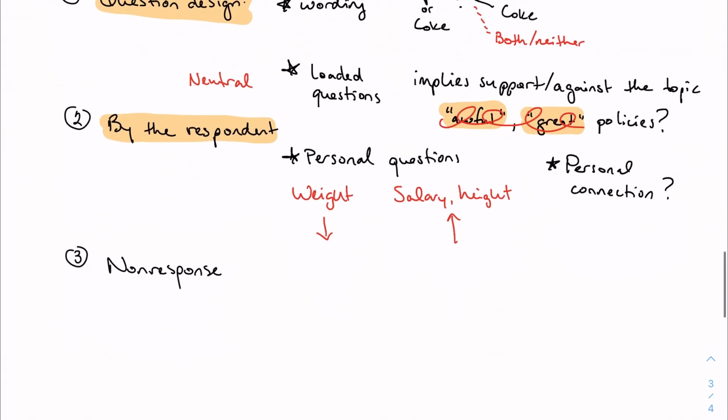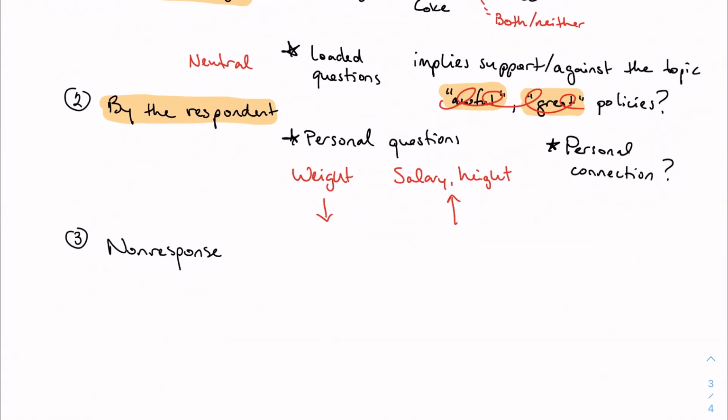The last form we're going to talk about is non-response bias. And non-response bias is not necessarily the study's fault, the market research group's fault. This is just a case where part of the demographic, part of the sample, just doesn't respond.